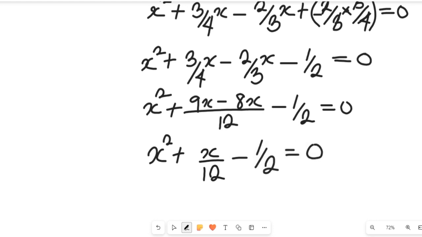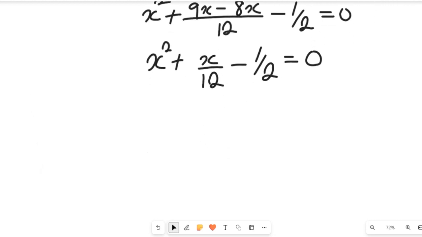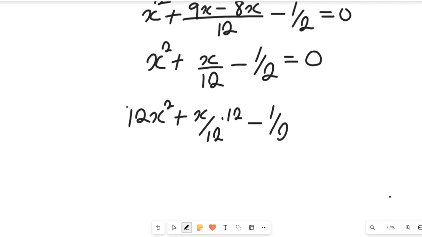Now we want to clear the whole fraction, and to clear the whole fraction, let us multiply through by 12. So we'll have 12 times x squared will give us 12x squared plus x divided by 12 multiplied by 12 minus 1 divided by 2 multiplied by 12, and this will be equal to 0.